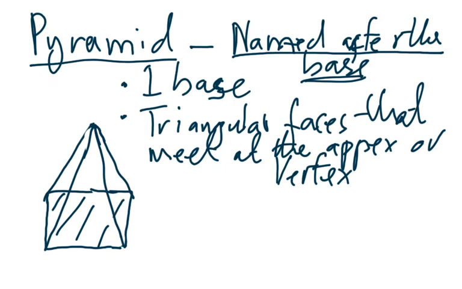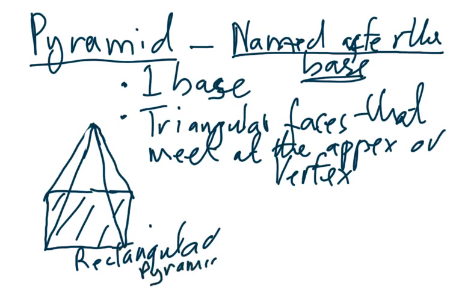Therefore, this is a rectangular pyramid. Rectangular pyramid, the reason being the base is a rectangle. Now let us look at another one.